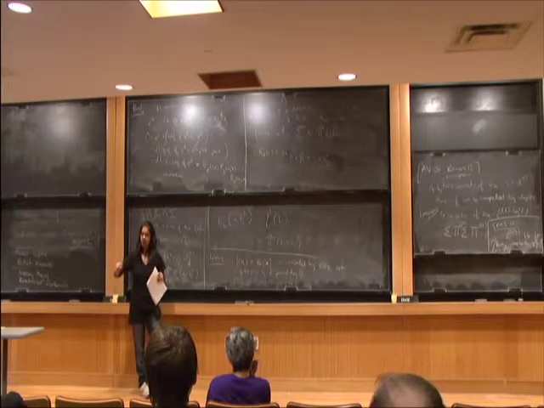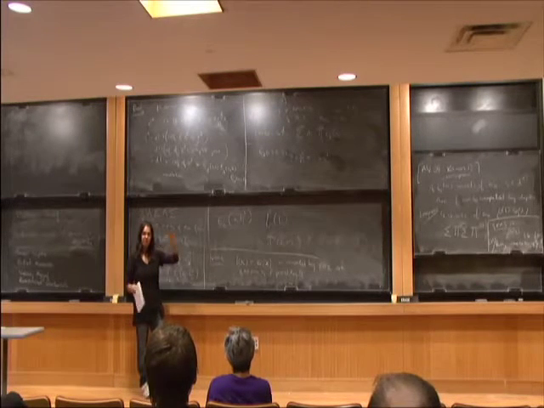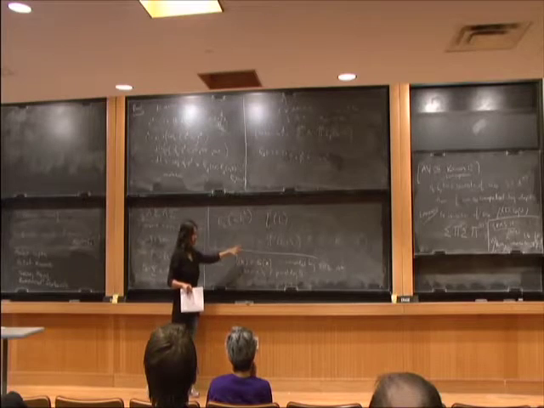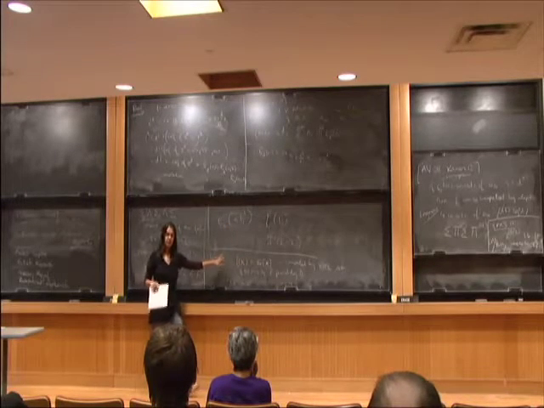So not the degree of the output polynomial, but the degrees of all the intermediate gates combined.